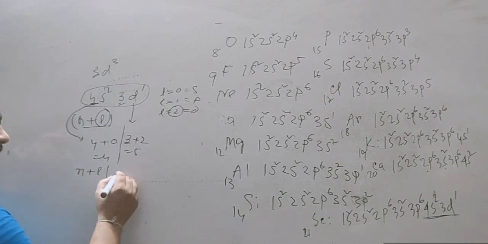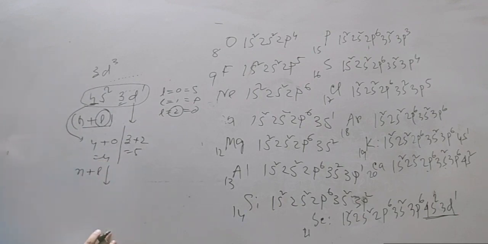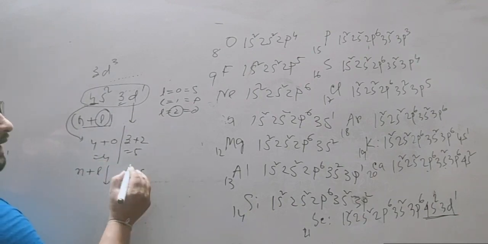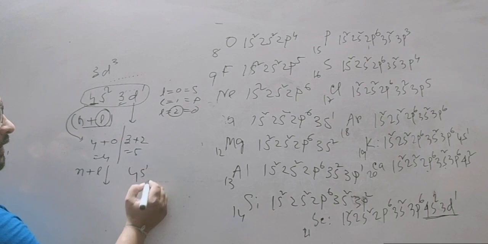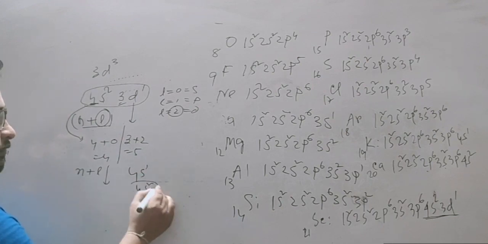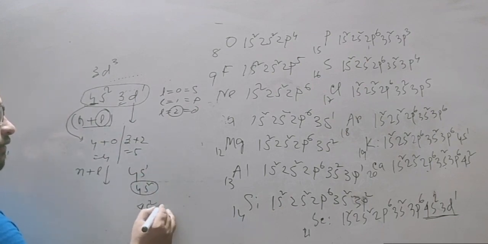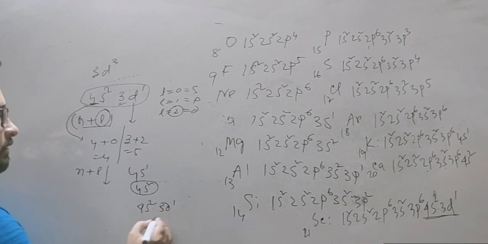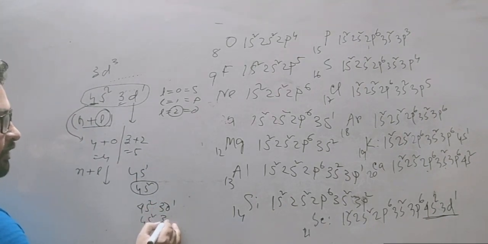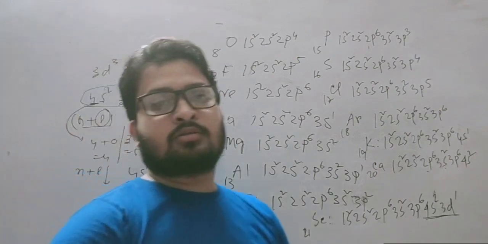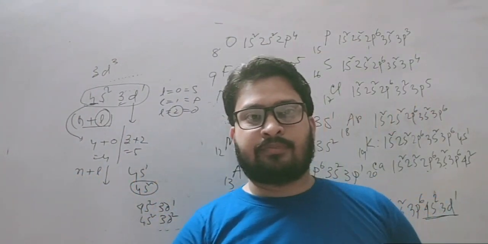So 4s1, then 4s2, and after filling 4s, we write 3d1, then 3d2, and so on. This is the process to fill up the electrons.